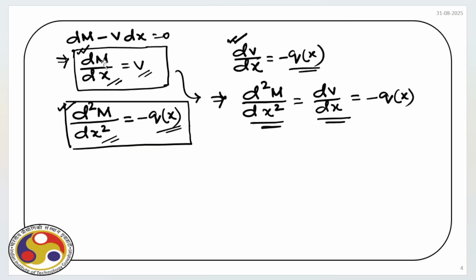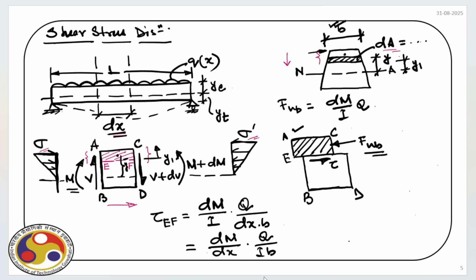So, what is dM by dx? It is V, right? So in place of dM by dx, we can write V. So effectively what we get, tau EF is equal to VQ divided by IB.